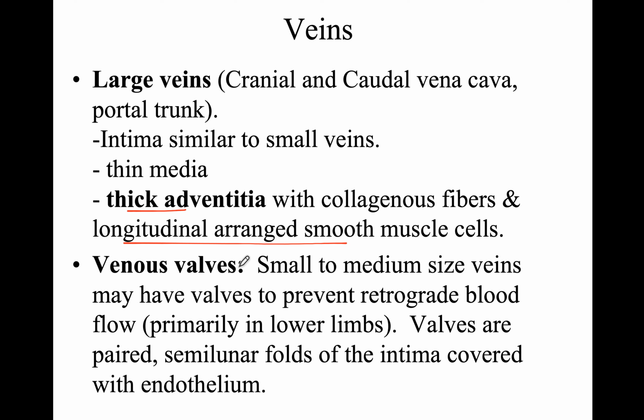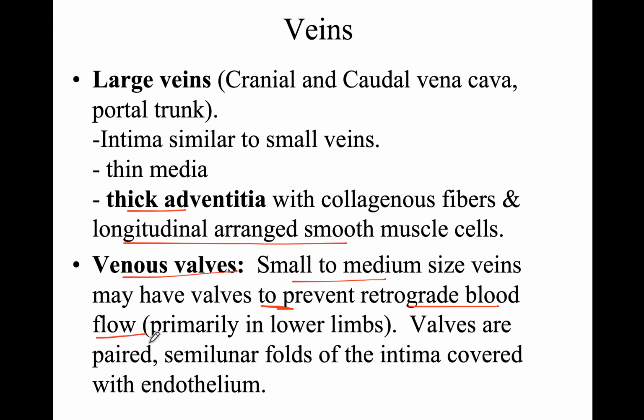Most of the time, veins, as I said, contain valves, and these valves are found from small to medium sized veins. They are very important to prevent retrograde blood flow. As I said, the movement of the blood inside the vein depends on the contraction of the muscle. For example, in the lower limb, when we move, the blood is pushed to the heart through muscle contraction.